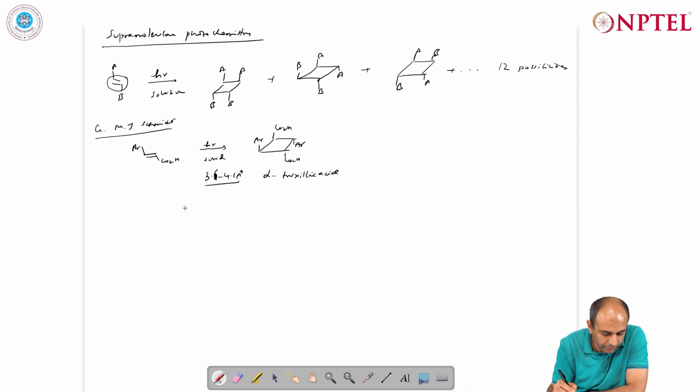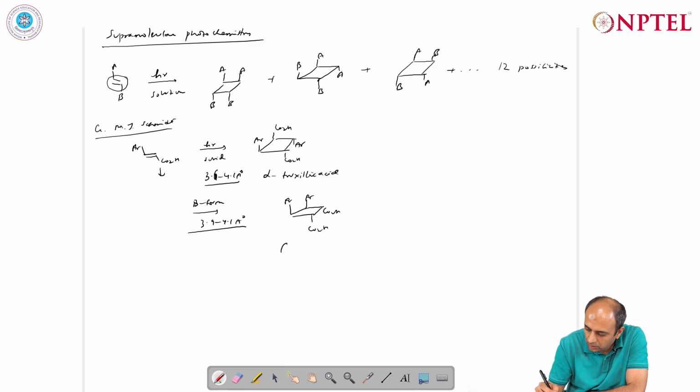On the other hand, when you have the beta form, because this compound exists as different polymorphs, in the beta form, when the separation is 3.9 to 4.1 angstrom, it will give rise to the beta-truxinic acid.